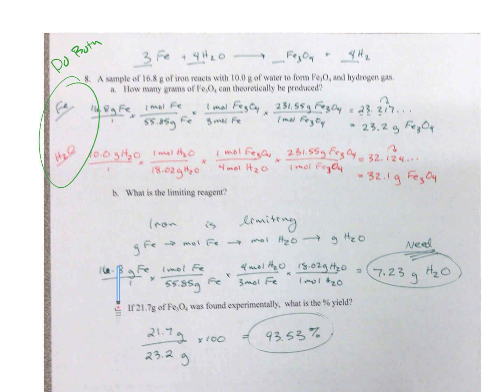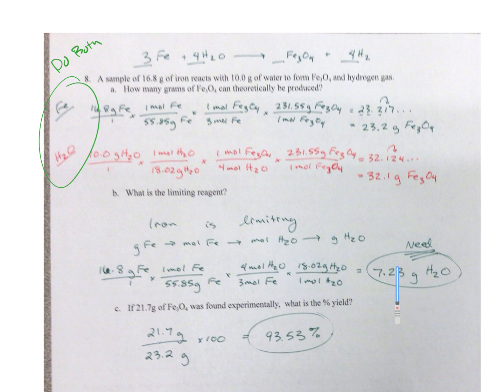So 16.8 grams of iron to moles of iron to moles of water to grams of water means if you had 16.8 grams of iron, you only need 7.23 grams of water. You got 10 grams of water, so you have more water than you need. That means that water is going to be the excess reactant.